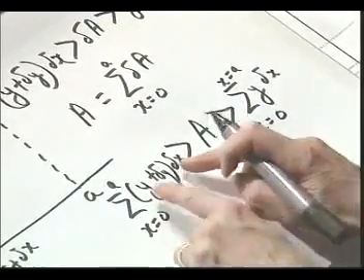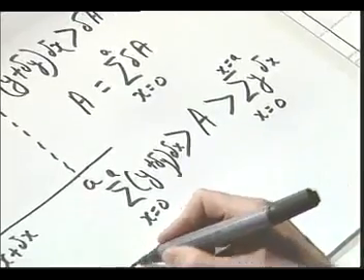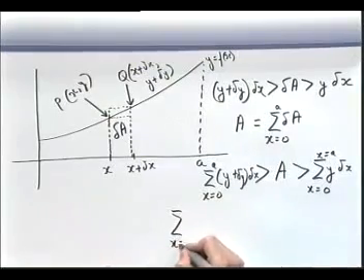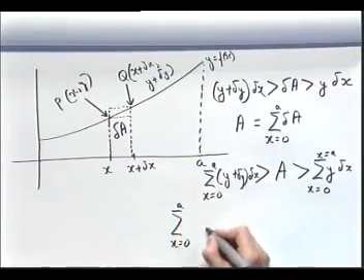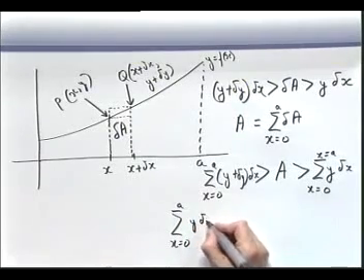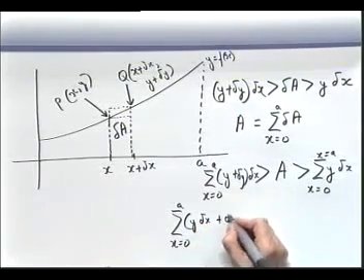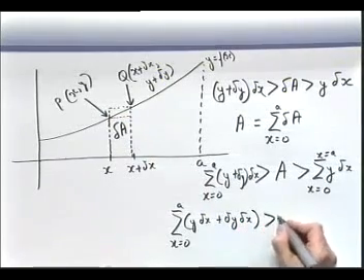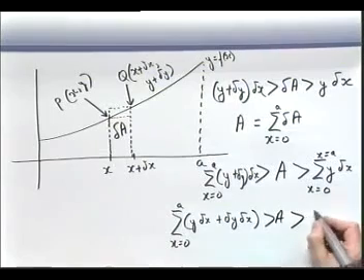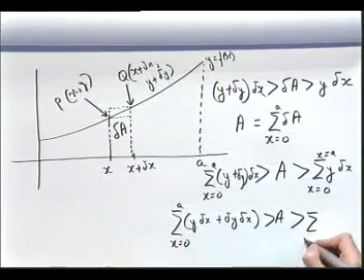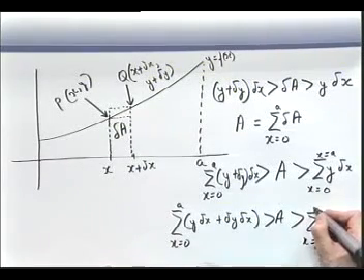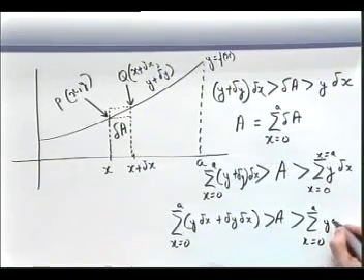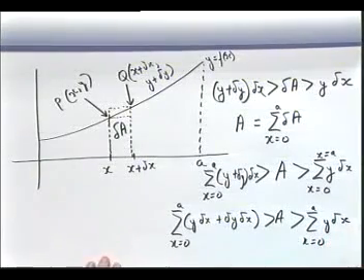Okay, let me multiply out this bit. So we have sigma x equals 0 to a of y times by delta x plus delta y times by delta x greater than A greater than the sum from x equals 0 to a of y times by delta x.